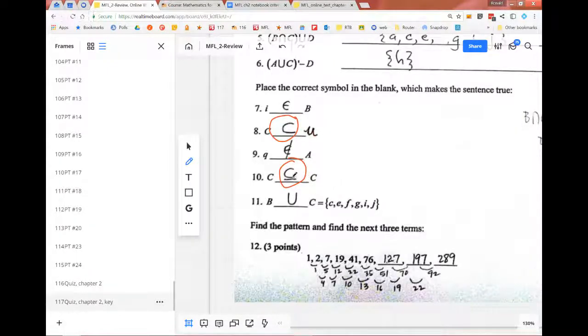Yes. And what does number 10 say? C is not a subset of C. Well, it's not. The not would be when you write it like this. It's an improper subset. Yeah, and what does that mean? So that's like, it is the set, right?